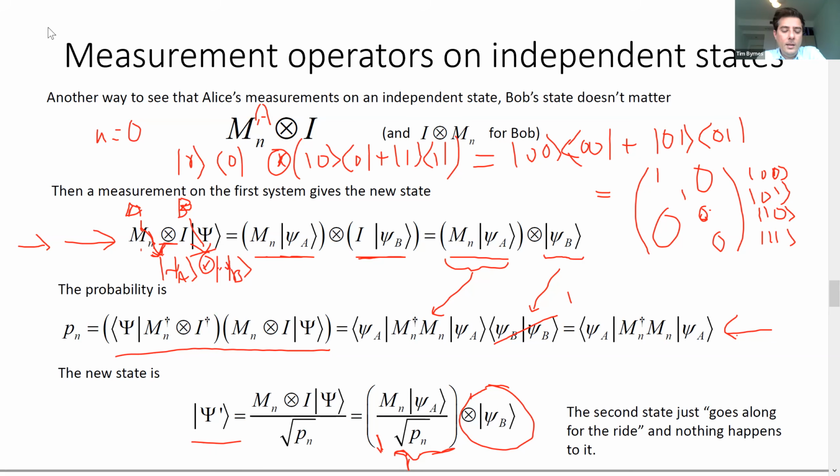So what happens with this composite system example is that if you have independent states and this measurement is independent also, then the second part of the system, nothing happens to it, and you can more or less just ignore it.